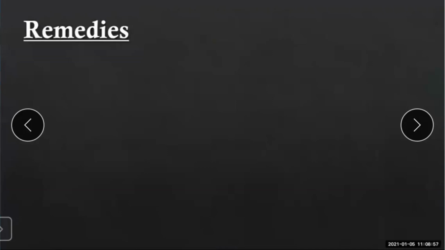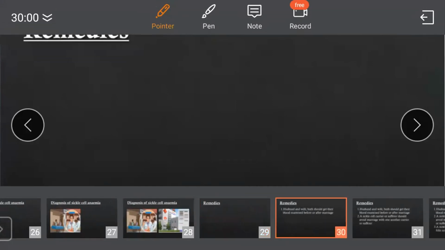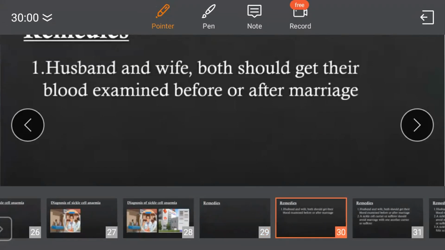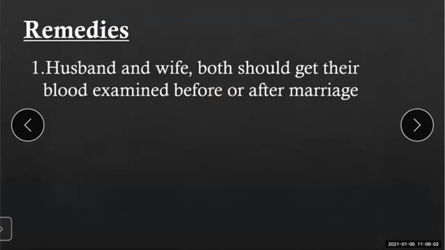So what is the first remedy? The first remedy is that husband and wife should both get their blood examined before or after marriage.